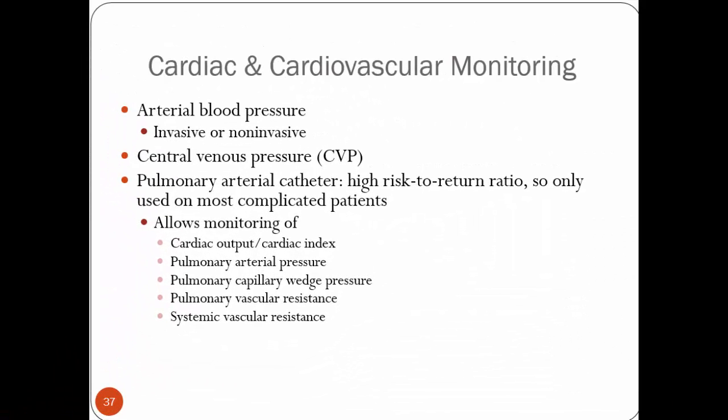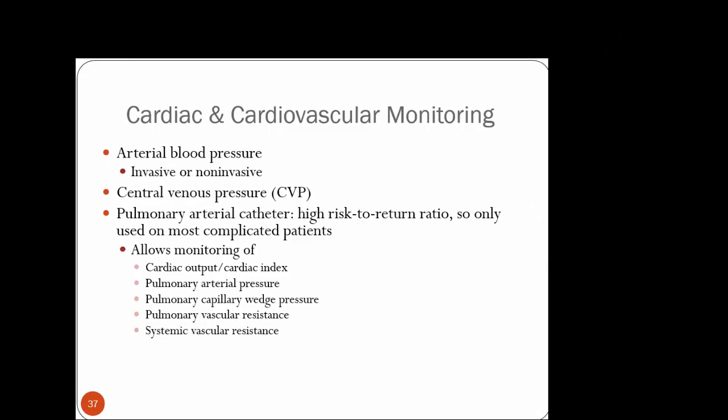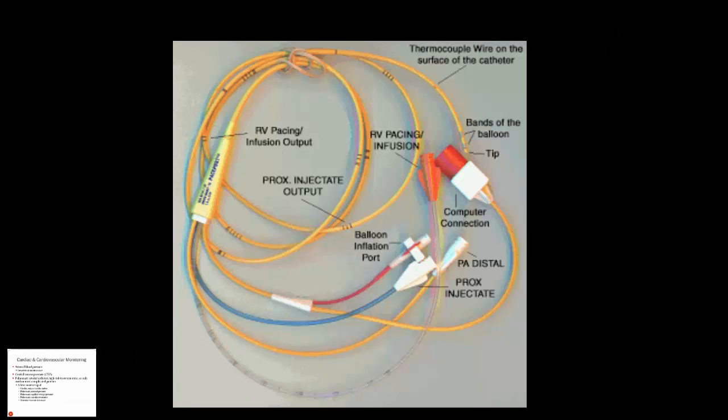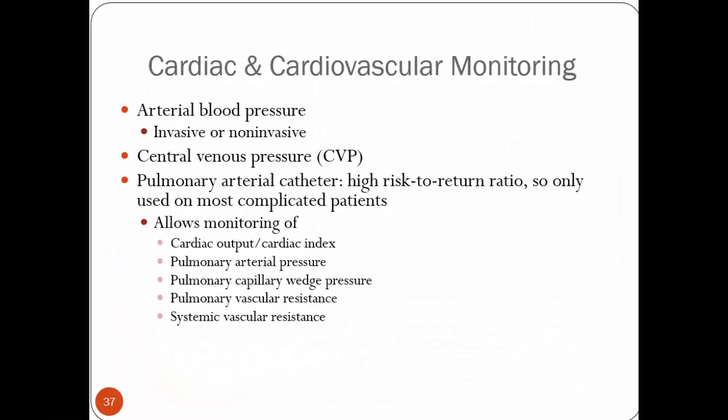You can also use this for cardiac output monitoring or cardiac index. Cardiac output is done by heating the blood by a heater that is built into the Swan-Ganz catheter, back up around the superior vena cava in that area.